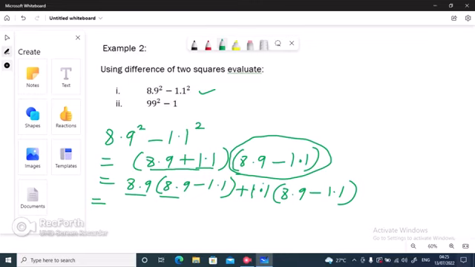So let's see that equation. Using your calculator, multiply 8.9 times 8.9, we have 79.21.